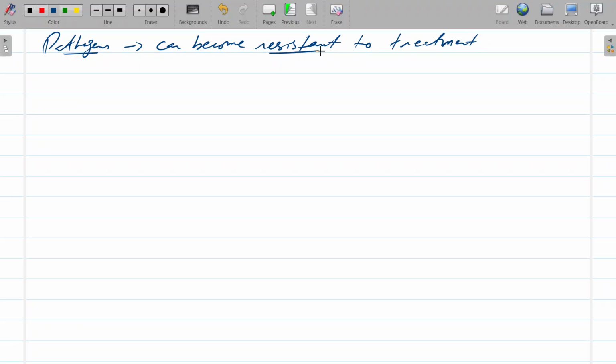Resistance means the medicine no longer works, it no longer has an effect on them, and that's obviously problematic. And this can happen with human pathogens, or plant pathogens, or animal pathogens, pathogens in general.